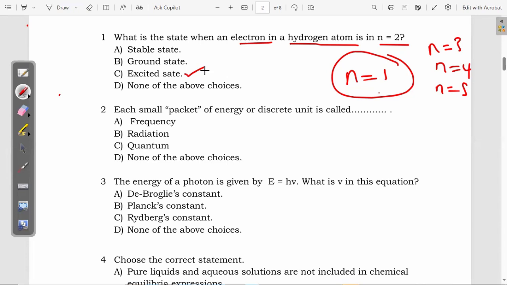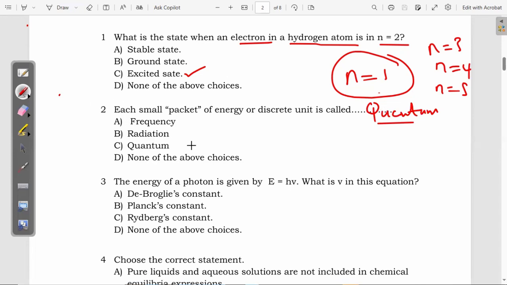Number 2 says each small packet of energy or discrete unit is called. This is what we call the quantum. The quantum is just a small packet of energy or discrete unit.